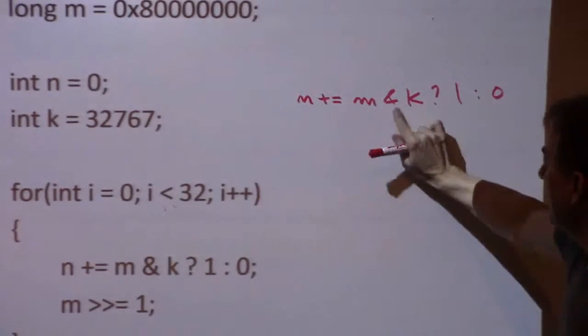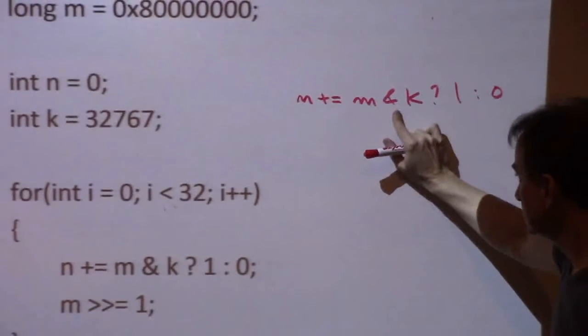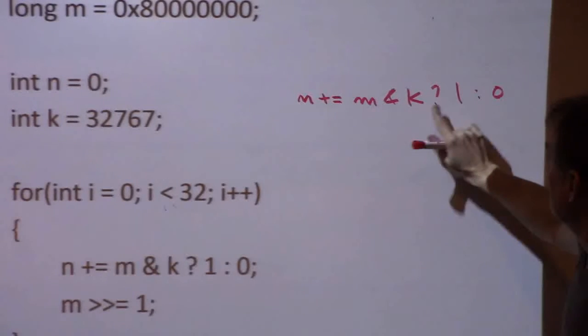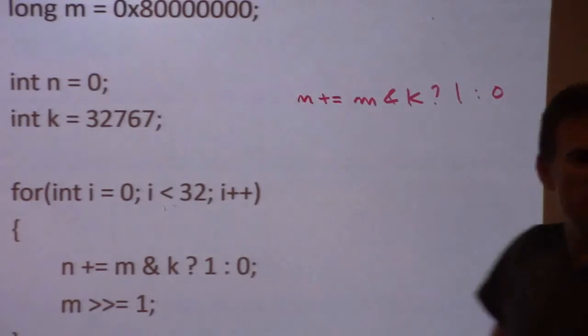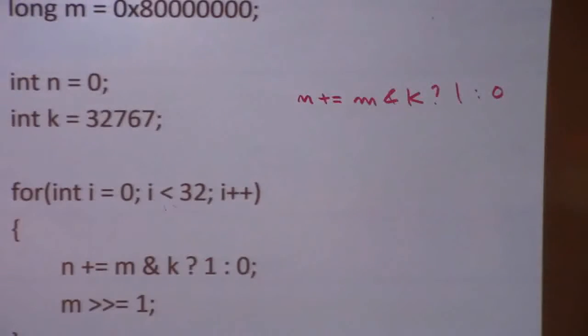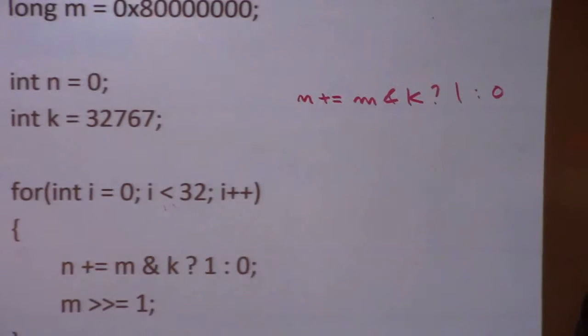Okay. How about ampersand? Is this binary or unary? Binary. How about this one? Ternary conditional operator. Which one is the least important? The assignment is at the very bottom, right next to comma.